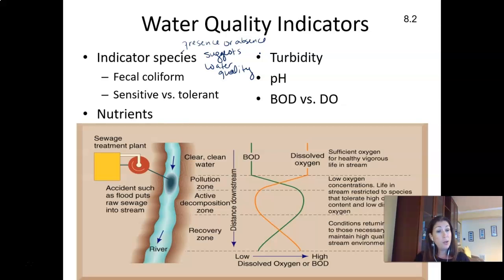But if you find things like mayflies or water pennies, those tend to be only found in water that is higher quality. So if you find a lot of sensitive critters in your water, then that is a good sign that the water quality is good. Now, you can also find leeches in the same places you find sensitive critters, but because those sensitive critters can live there, that means that the water quality tends to be on the higher side.